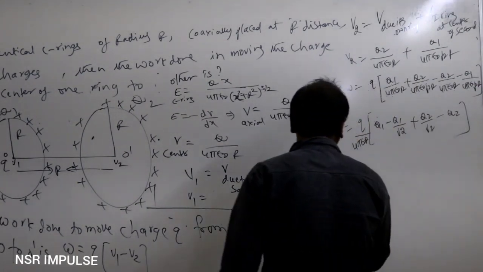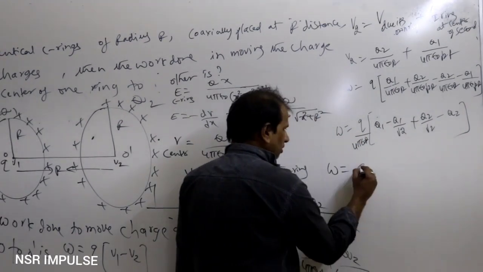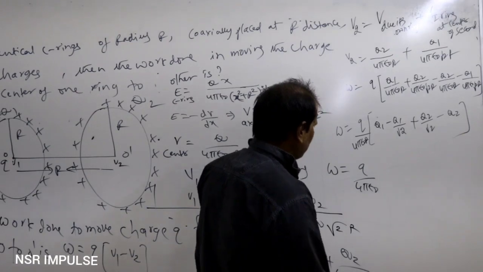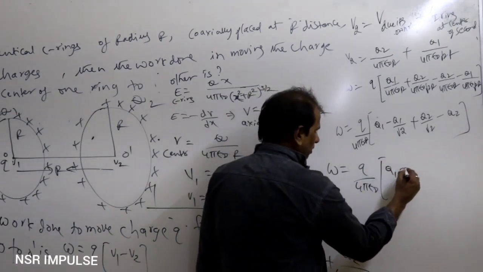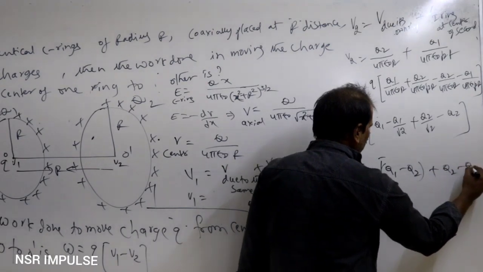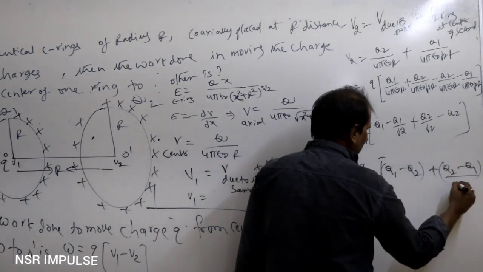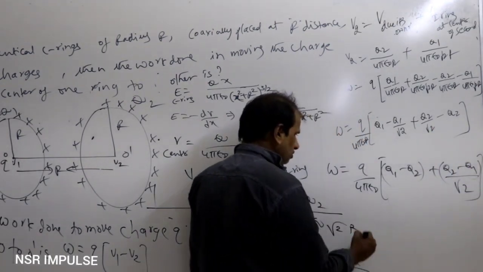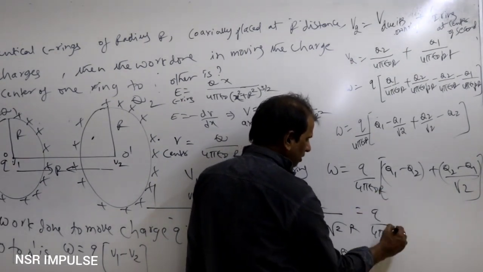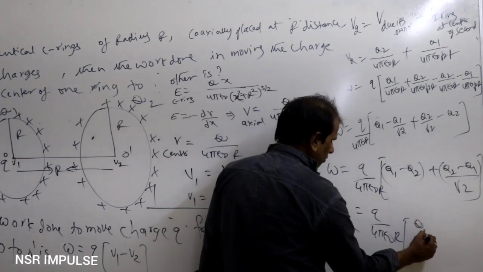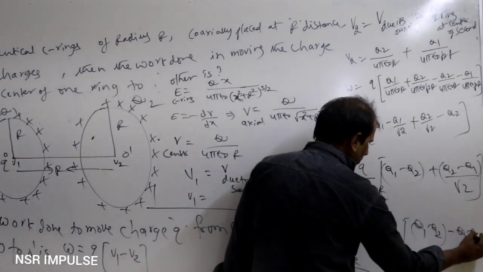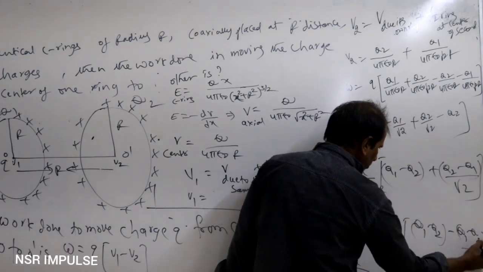This is the answer. So this you can set as Q by 4 pi epsilon naught r, Q1 minus Q2, plus Q2 minus Q1 by root 2. So here Q by 4 pi epsilon naught r into Q1 minus Q2, minus sign if I take, Q1 minus Q2 by root 2.